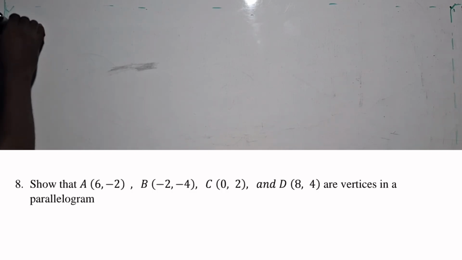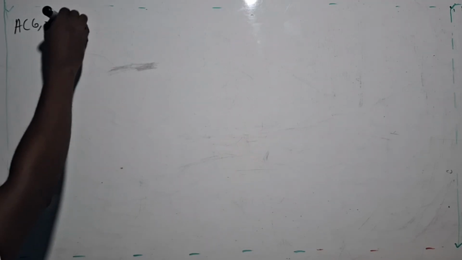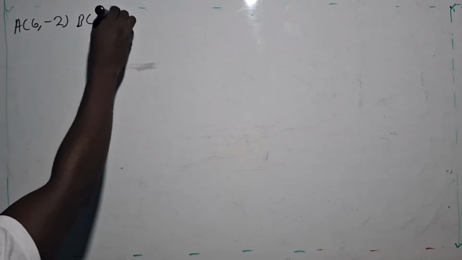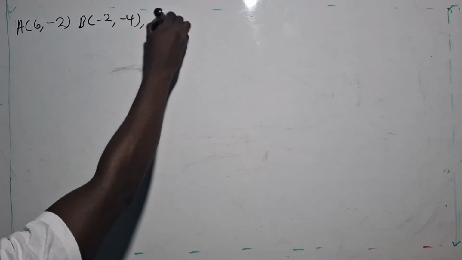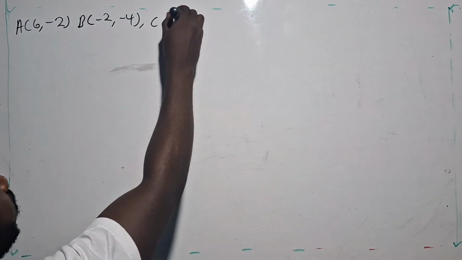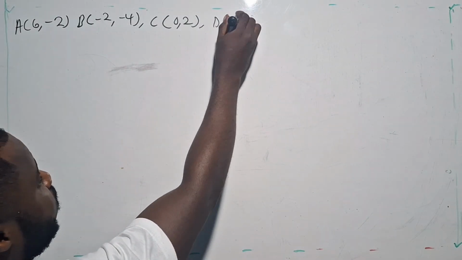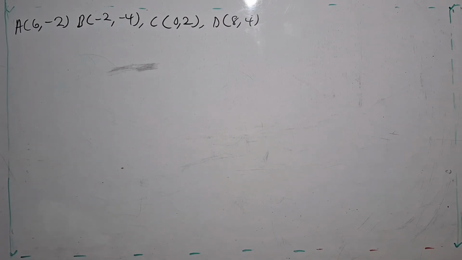So A was given as (6, negative 2). B was given as (negative 2, negative 4). Then C was given as (0, 2). Then D was given as (8, 4). So these are the vertices.